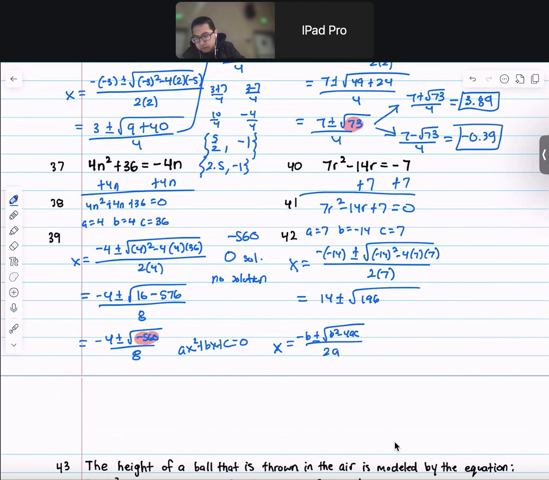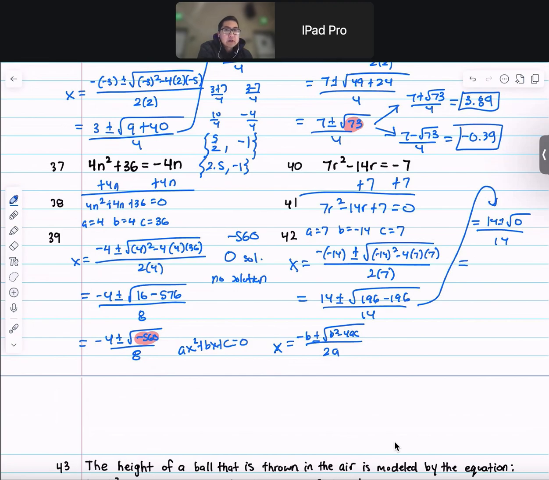And negative 4 times 7 times 7, you guys, that's minus 196 all over 14. So 14 plus and minus, you guys, square root of 0 all over 14.